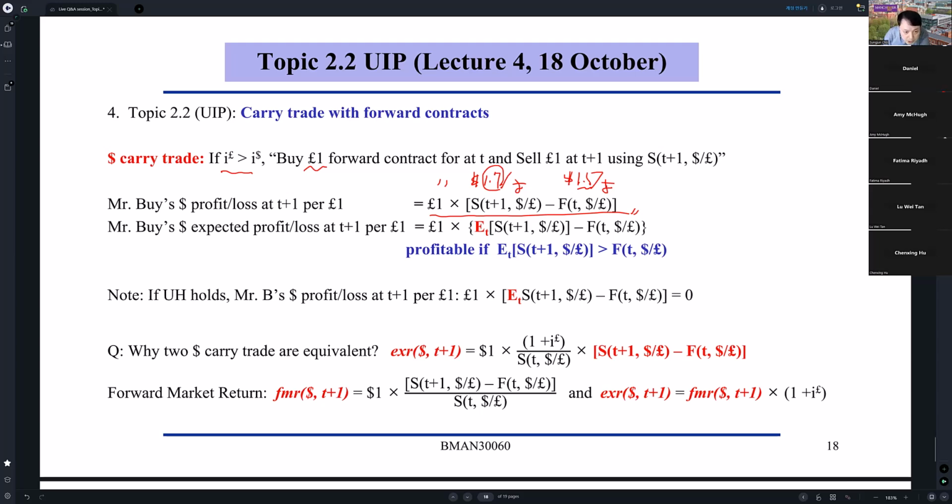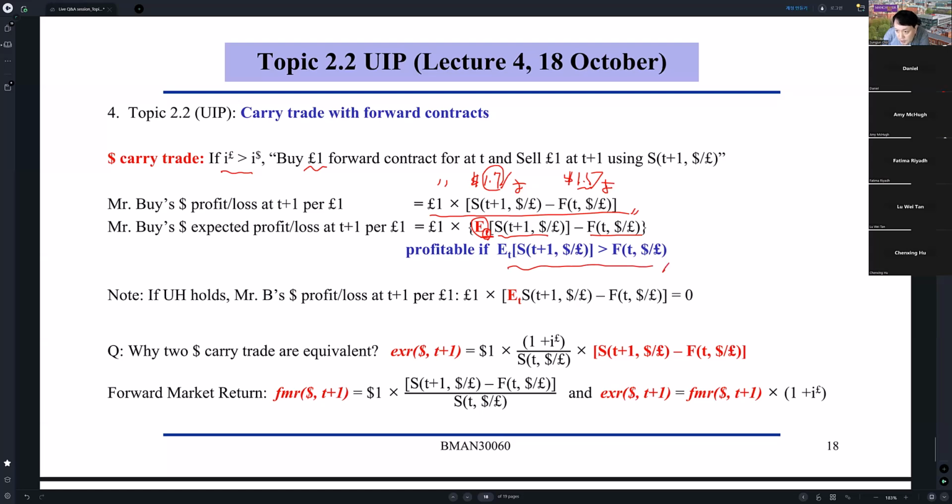What about the expected profit? So you can take conditional expectations on everything. Again, everything known at time t is just a number given the time t information set. So expectation appears only in front of the future unknown exchange rate. When do we have a profitable dollar carry trade?